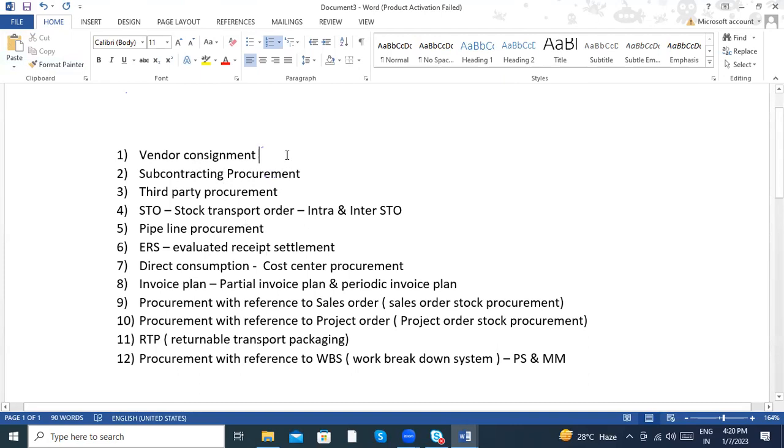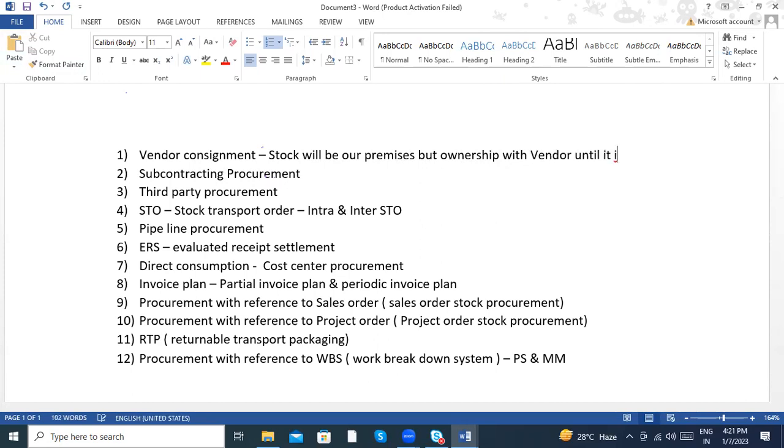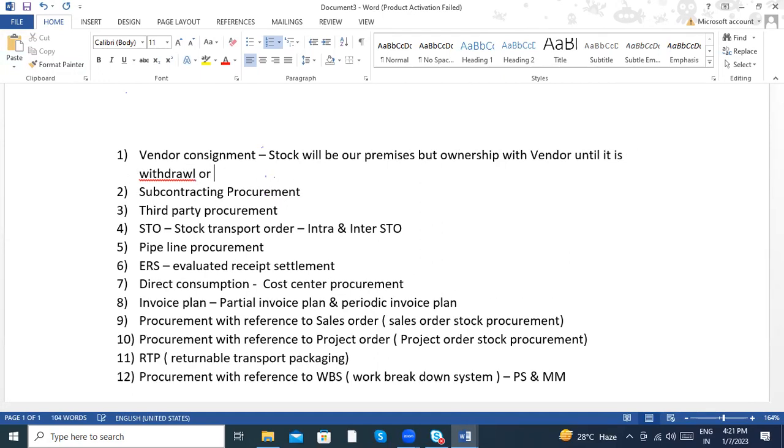In the consignment process, the stock will be in our premises, but ownership will be with the vendor until withdrawal, consumption, or transfer to our own stock. We agree we are transferring to our own stock and are ready to pay; until then the ownership belongs to the vendor.